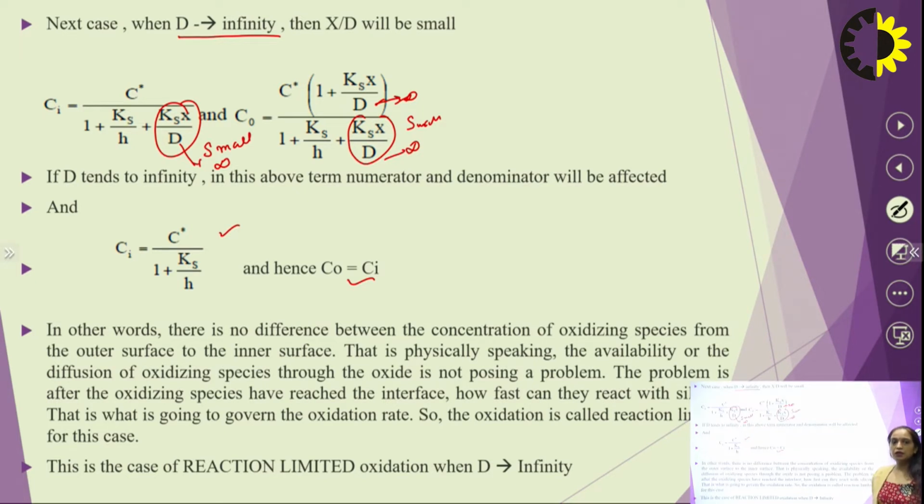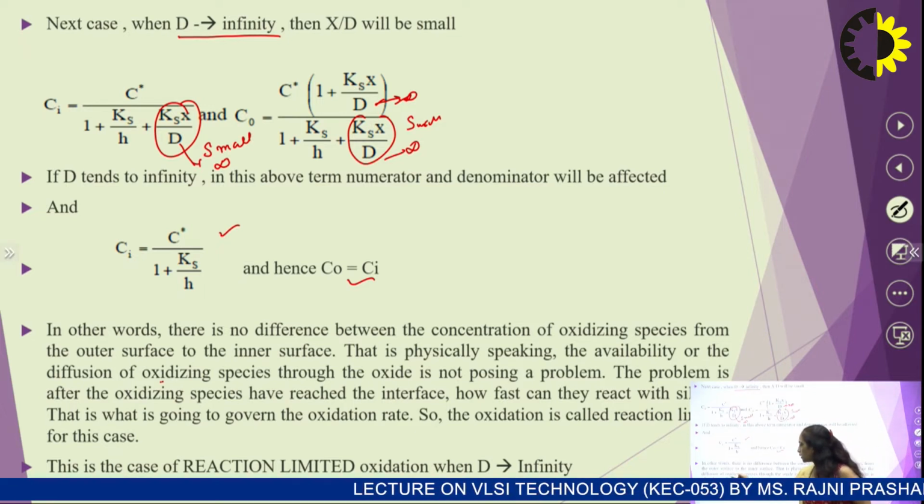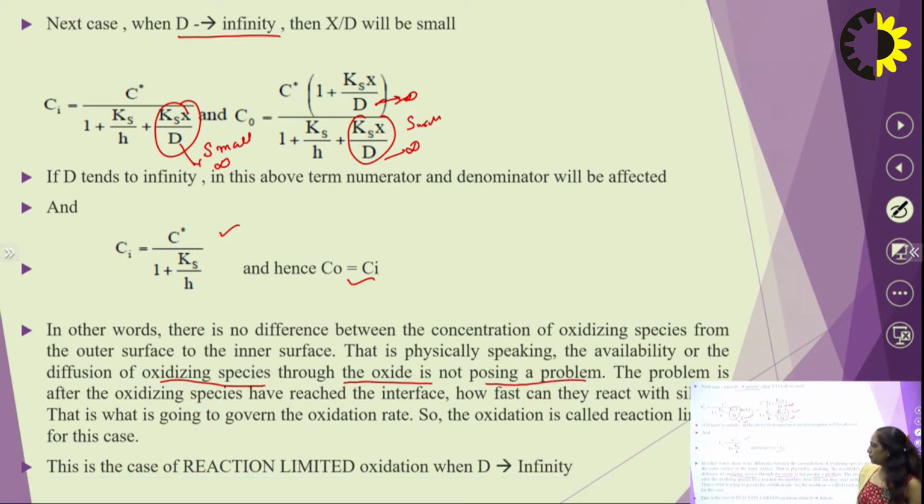That is the physical meaning: the availability or the diffusion of oxidizing species through the oxide is not posing a problem. The problem is after the oxidizing species reach the interface. So when your D approaches infinity, we will have C naught nearly equal to Ci.